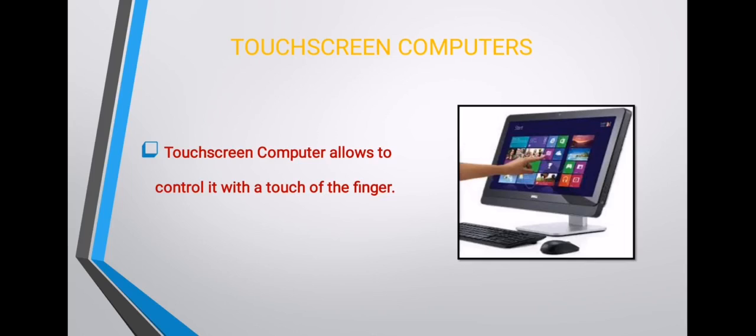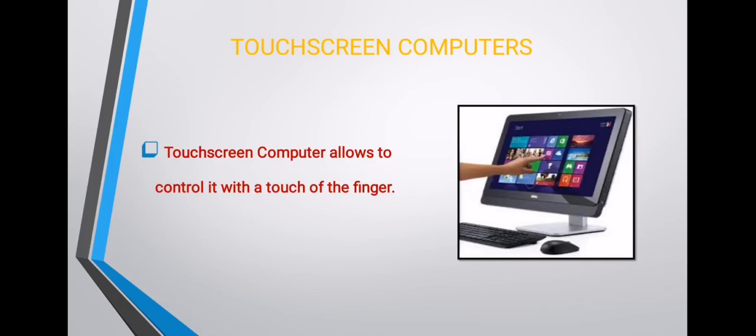Where can you see this? If you go to Phoenix Mall, did you notice in front of the hall, at the reception, there is a big TV-like device available? That is a touch screen display.